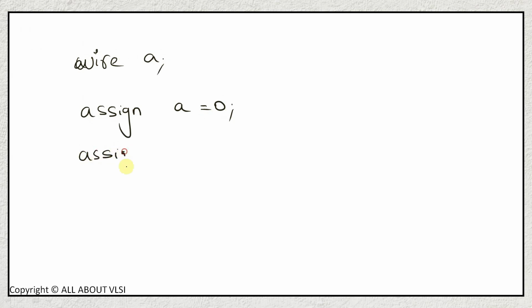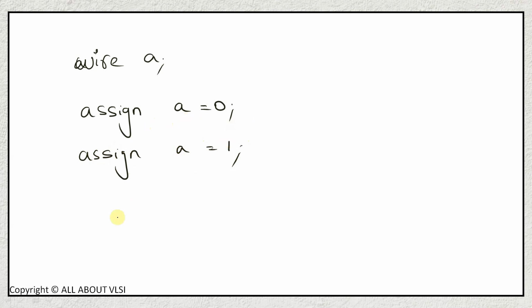Now let us see the disadvantage of using the wire data type. Let's say we declare wire a and we write assign a is equal to 0 and assign a is equal to 1. Now what is happening here?